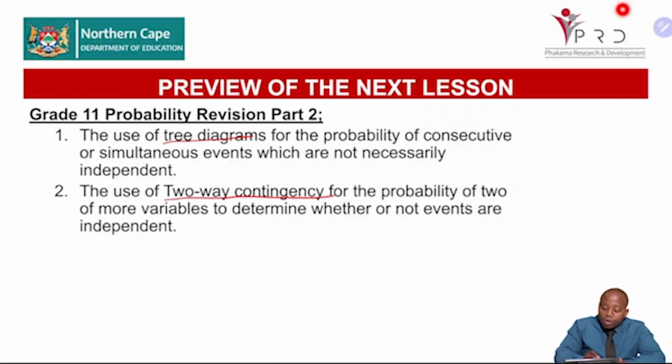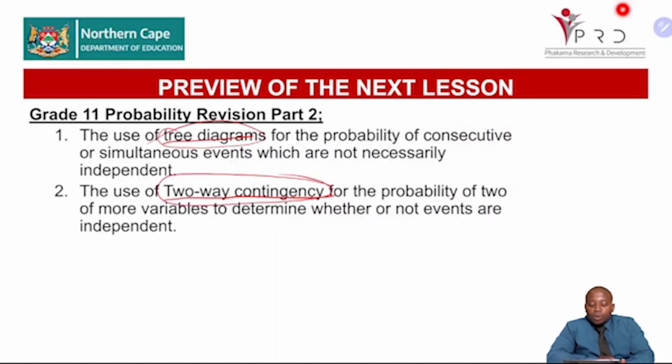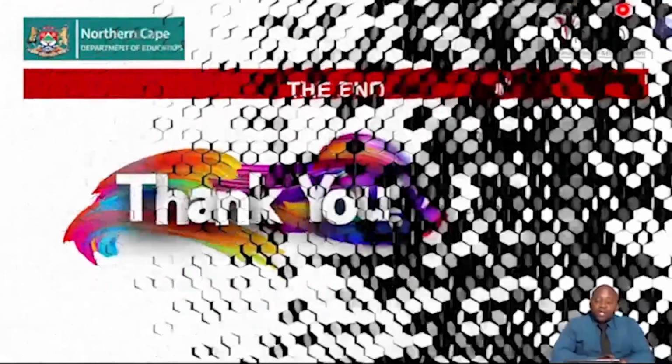So next lesson, we are looking at the tree diagram, and we are also going to look at the two-way contingency tables where we are going to focus on dependent and independent events. Thank you. Enjoy the rest of the day.